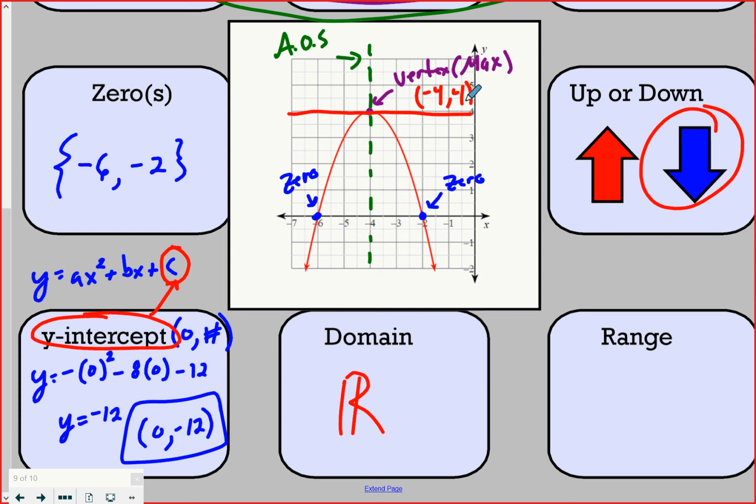So it's your y value of your vertex, and you're going to bring that down. So it's going to be y. Now it can't be greater than, because if it's greater than, it's going to be above that line. Since it's below that line, it's going to be y is less than or equal to positive 4. So anything below 4 is going to satisfy my range. All right? Any questions or concerns on this example?